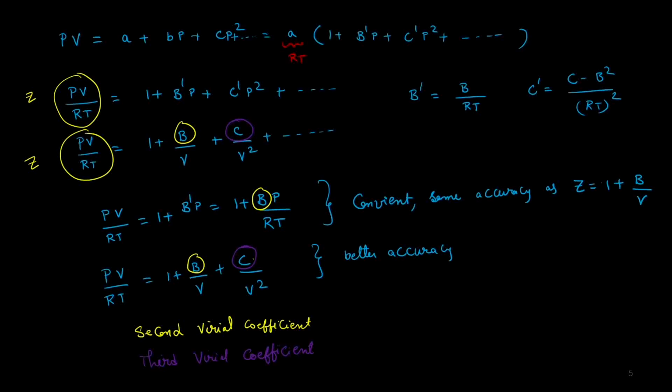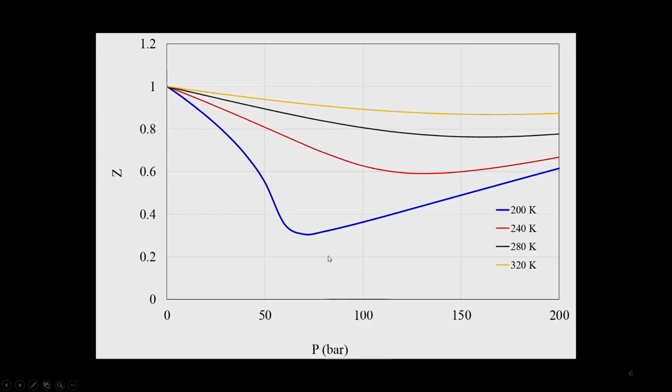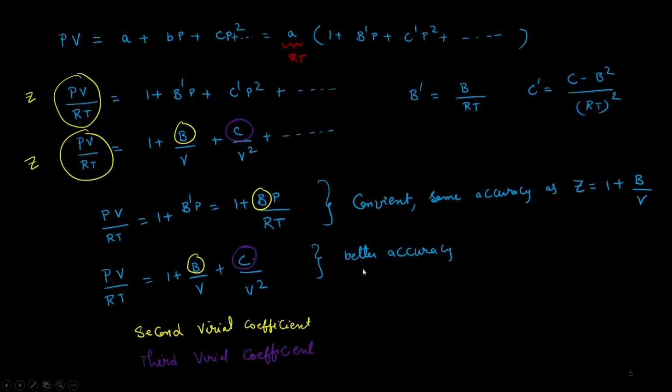And again, like I said, the form of the virial expression we will use will depend on how many terms I'm using. If I'm going to use only the second virial coefficient, then this equation here is enough. If I'm going to use both the second and the third virial coefficients, then we will use this equation.